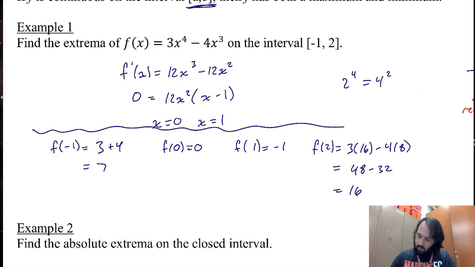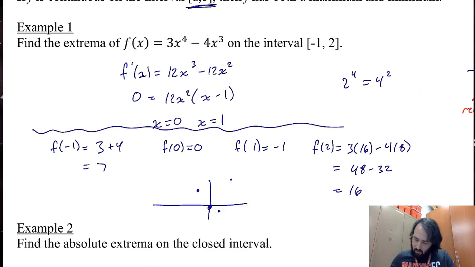So it looks like for my extrema, I have a local max, right? So thinking about this graph, I'm going from (-1, 7) to (0, 0) to (1, -1). Is that part right? Yeah. And then to (2, 16).